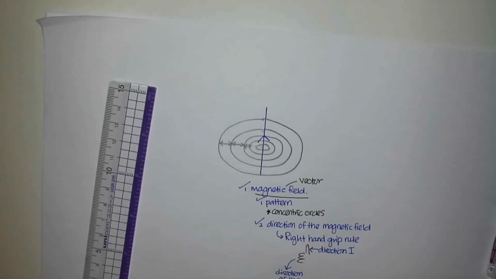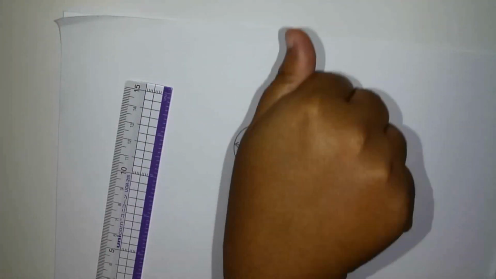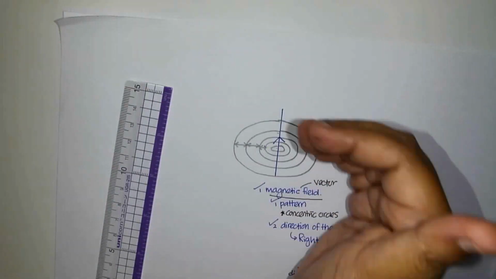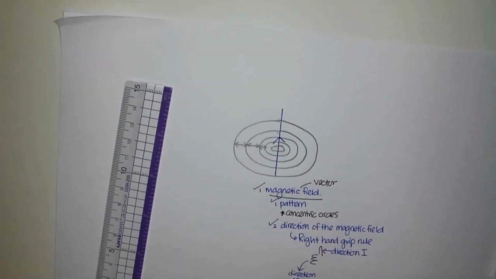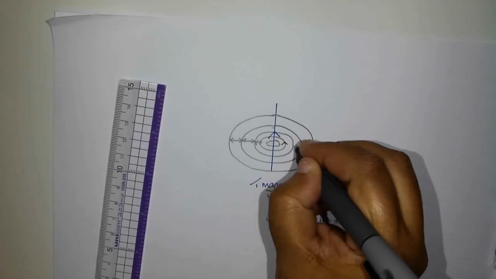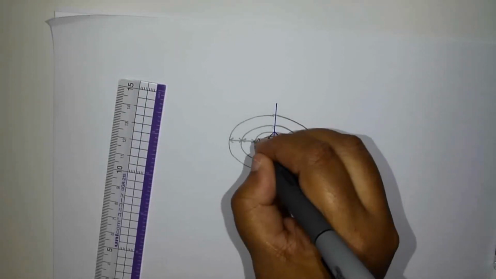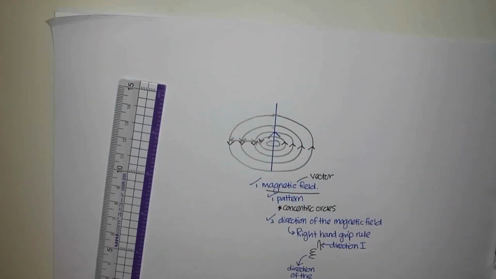In this example, the thumb represents the direction of the current, so the current is in this direction, and my fingers represent the direction of the magnetic field. It's as if it's going into the page. So the direction of the magnetic field will be in such a direction. This is called the right hand grip rule.